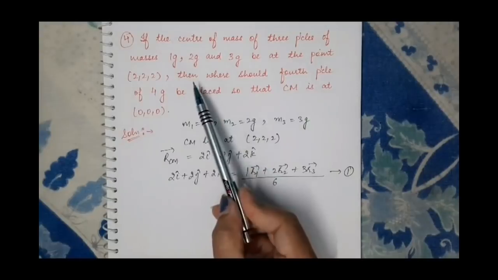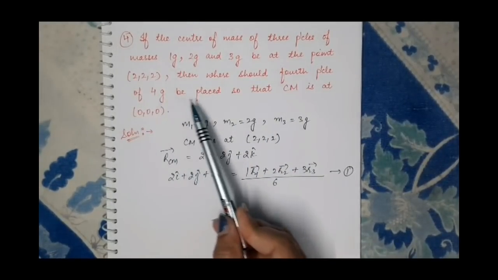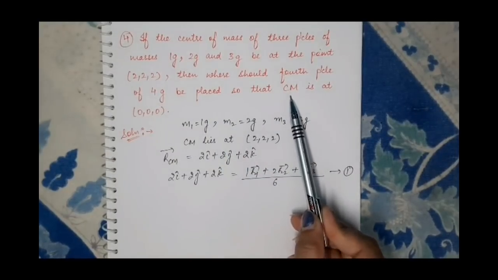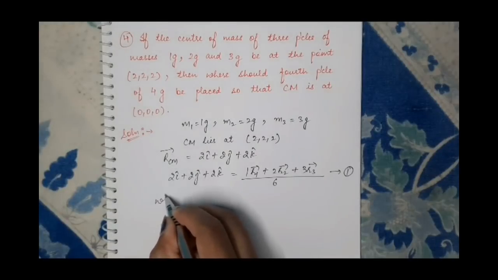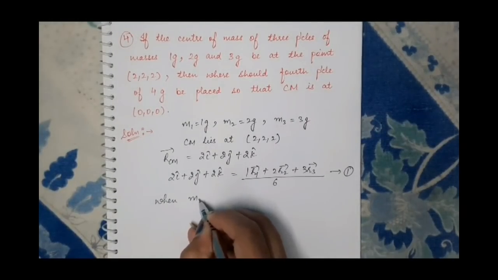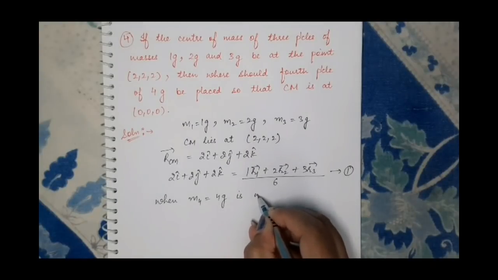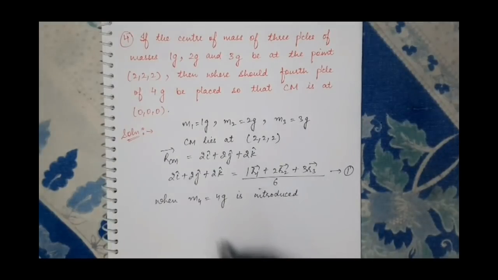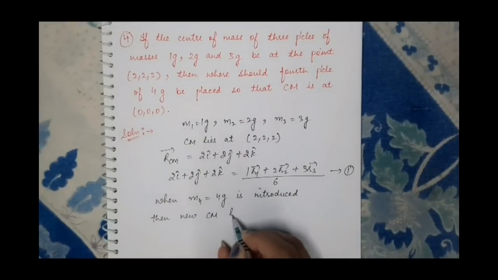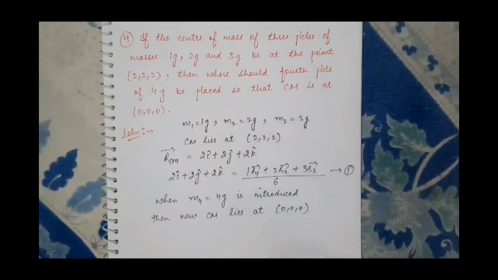And next, where should the fourth particle of 4 grams be placed so that the new center of mass is at this point? So when M4 equal to 4 gram is introduced in the system, then the new center of mass lies at 0, 0, 0.